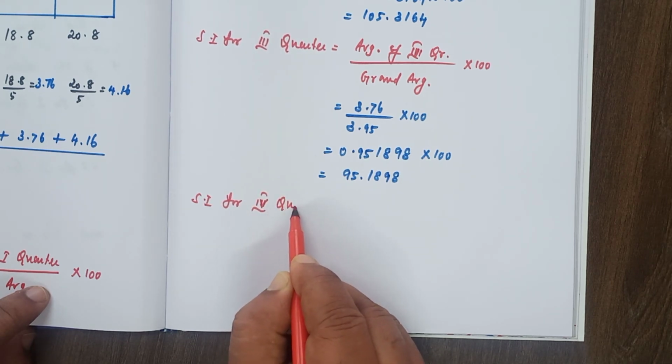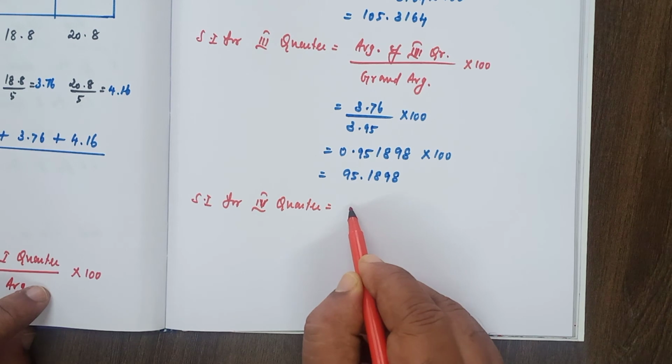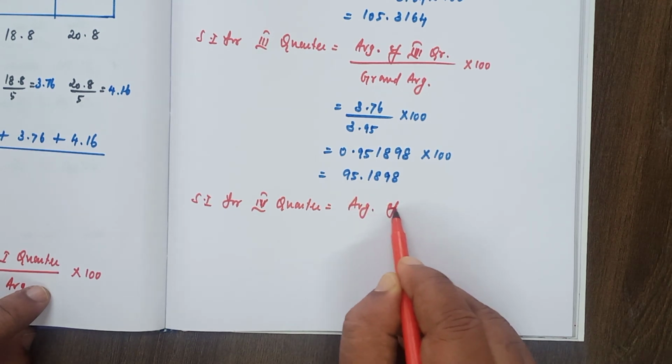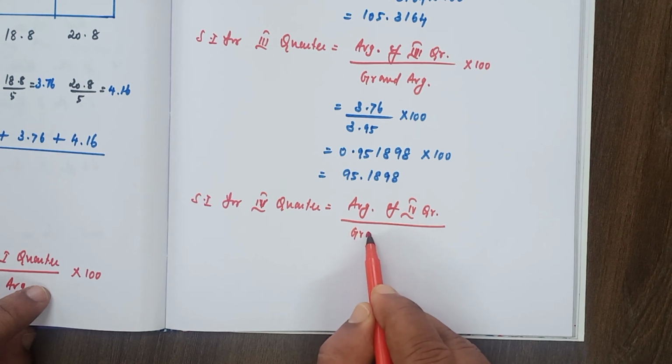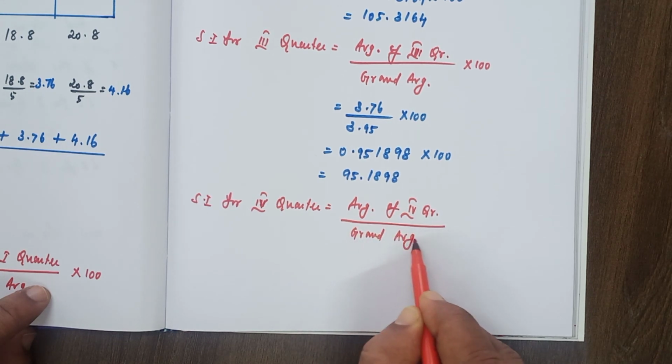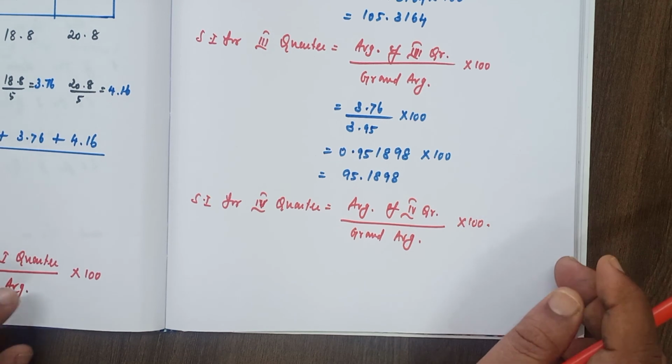Now the seasonal index for the fourth quarter equals average of fourth quarter divided by grand average into 100.